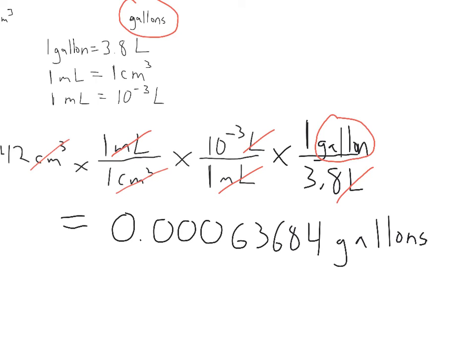But significant figure rules. We had 3 significant figures initially. We did multiplication and division for our problem. These are all conversion factors that are based on definitions. So we'll use the initial 3 significant figures in the initial quantity.